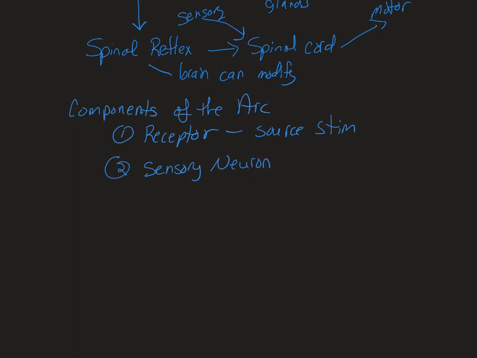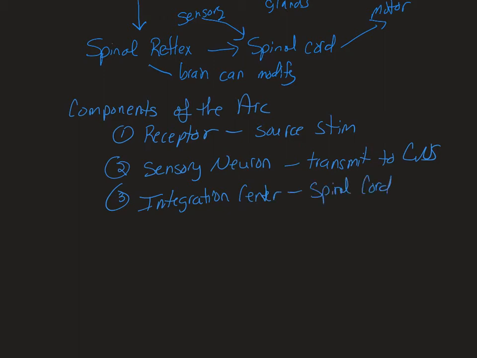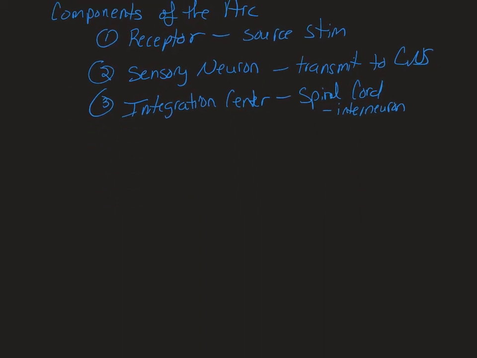All right? The sensory neuron is going to transmit to the central nervous system. Then you have the integration center. The integration center is going to be in the spinal cord. And it's usually, although not always, going to involve an interneuron. Sometimes the sensory neuron and the motor neuron synapse without an interneuron though. So just be aware of that.